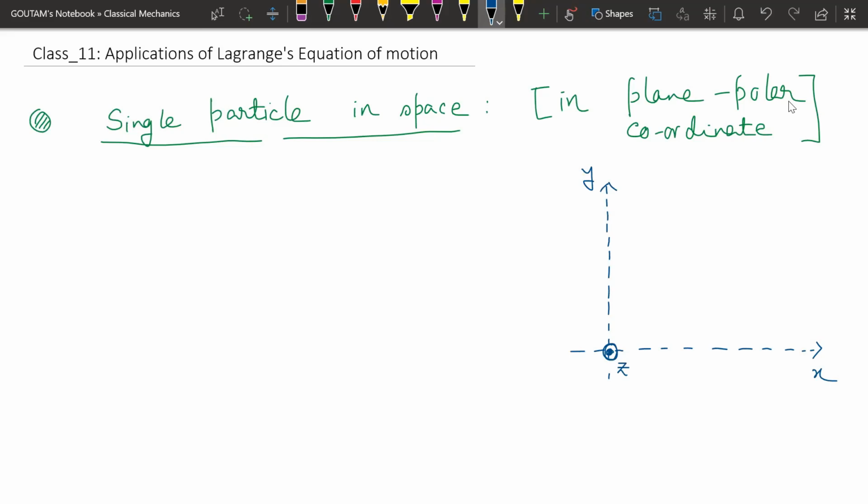The coordinate of the particle in this plane is defined by this r vector.